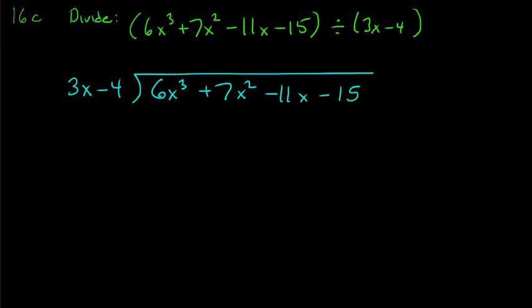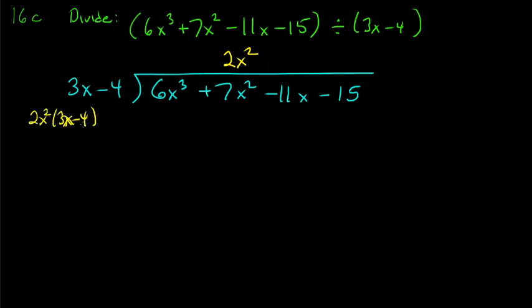Okay, so I'm going to go through this a little bit faster than we did in the previous video. What are we dividing? 6x cubed divided by 3x, right? So that's just 2x squared. That's step 1. Step 2 is to multiply 2x squared times 3x minus 4.